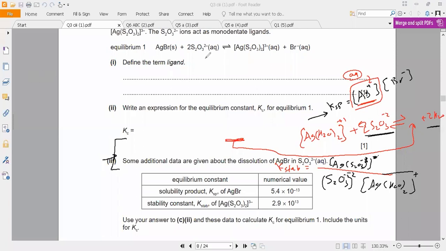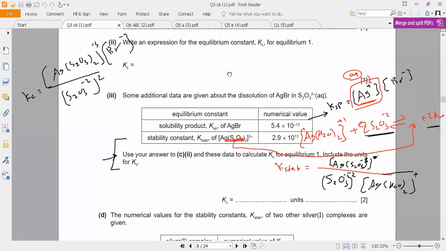My Kc was Ag(S2O3)2 3- Br- over S2O3 2- to the power of 2. This is the original Kc, okay?